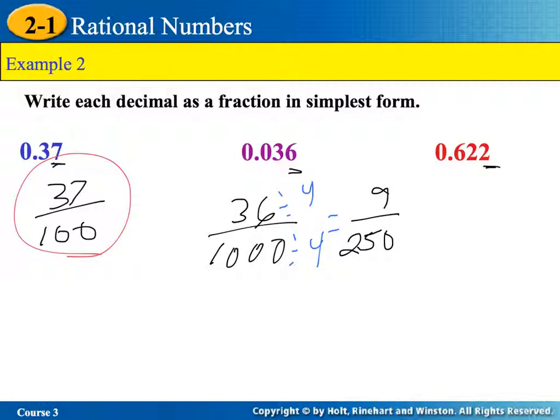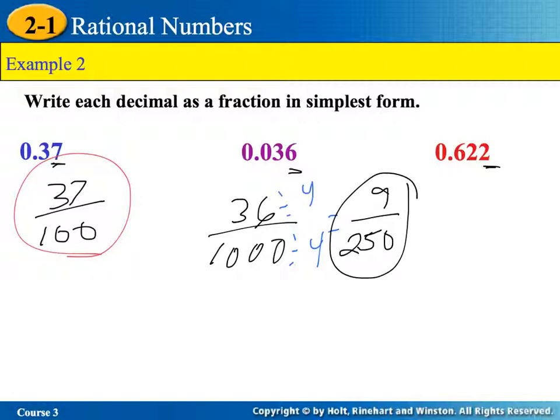Can you divide any more than that? If you look at factors of 9 and factors of 250, can you divide any more? No, you can't. You're all done there. So 9 over 250 is your answer.